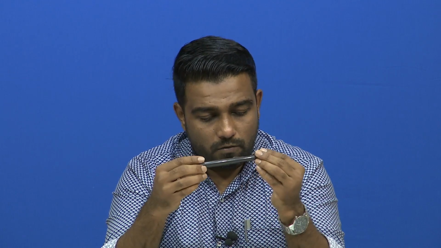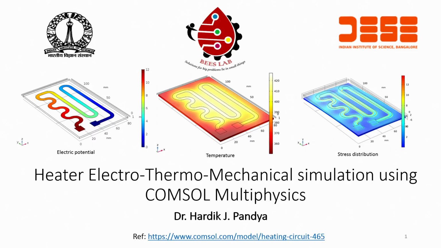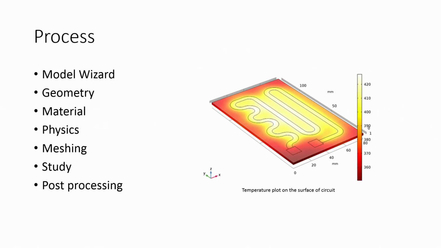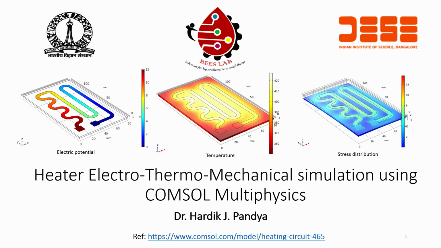So, today let us see how we can perform simulation for a micro heater. All right. So, if you see the screen, it is the heater electro-thermomechanical simulation using COMSOL Multiphysics, and you can see what you can do: you can use electrical potential, you can have a temperature plot, or you can also have stress distribution on the chip.